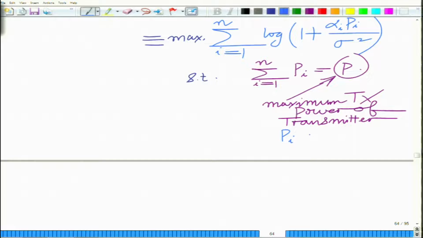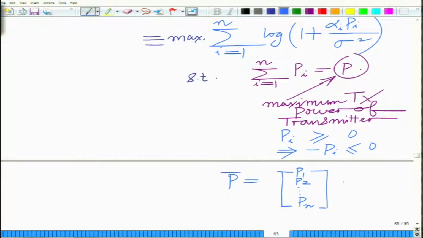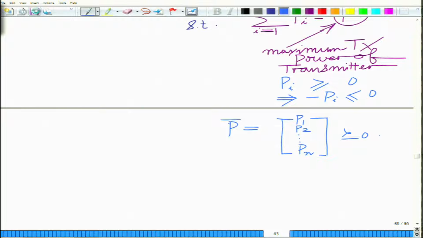Writing it in standard form, each minus P i is less than or equal to 0, or if you look at this vector P bar as P1, P2, Pn, then this has to be component-wise greater than or equal to 0. So this is our optimization problem: maximize the sum rate subject to the total power constraint and the non-negativity constraint, that each power P i has to be greater than or equal to 0.